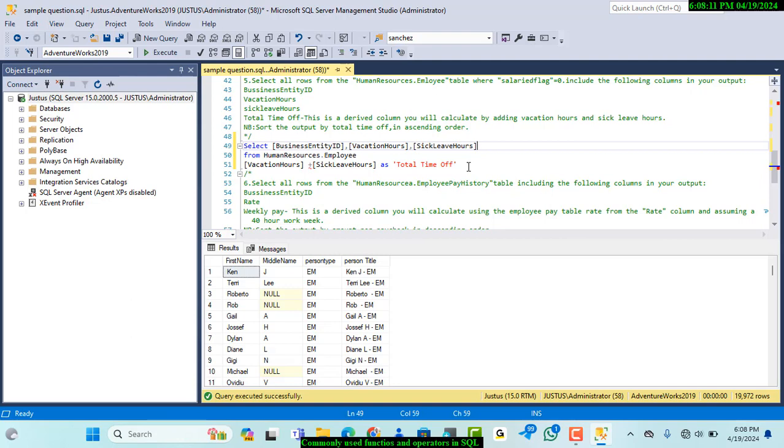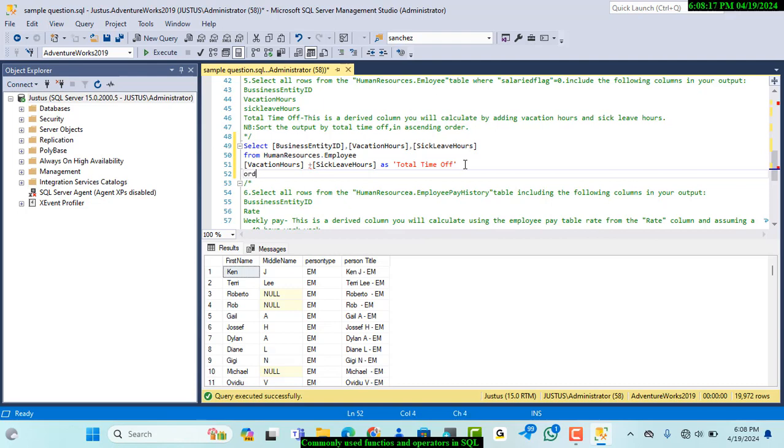Good. Then I go ahead and sort. So I want to sort it by what? Total time off. Order it by total time off, in ascending order.